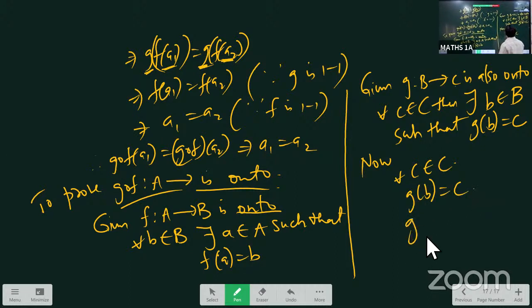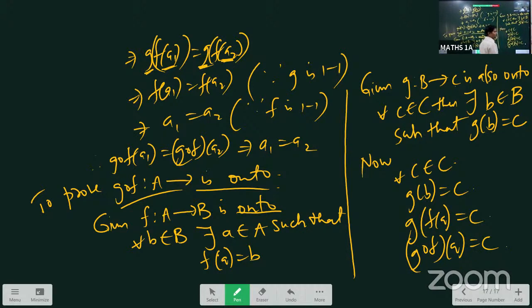Now, but what is b? b is nothing but F of a, so G circle F of a equal to c. For every c belongs to C, I constructed this part: that G of b is c, and G of F of a is c, means G circle F of a is also c.